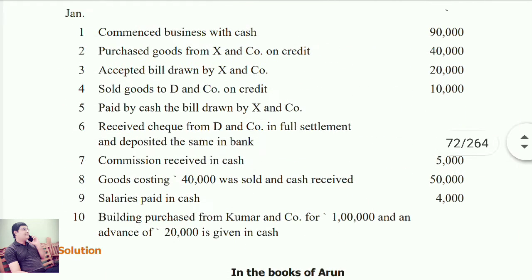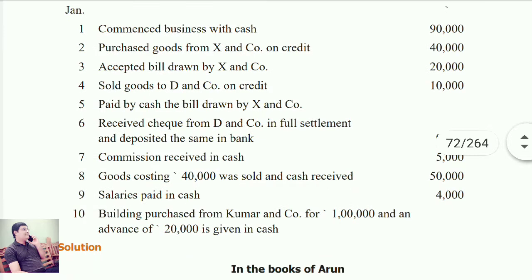Now see the second one. Second entry, purchased goods from X and company on credit, rupees 40,000. Whenever it is a credit purchase, the name will be credited. So purchase account debit to X and company account, as per the golden rules.